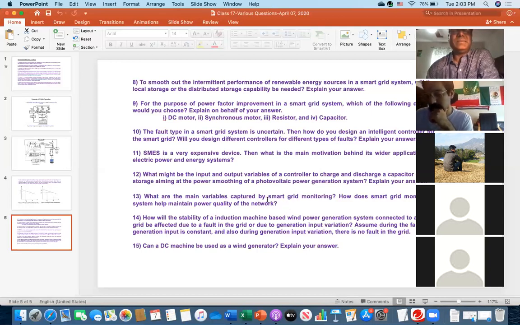So therefore, please everybody write down the main variables that are captured by smart grid monitoring are voltage, current, power, active power, reactive power, power factor, phase, and frequency. So voltage, current, active power, reactive power, power factor, and frequency, as well as the phase. Those are the main variables.